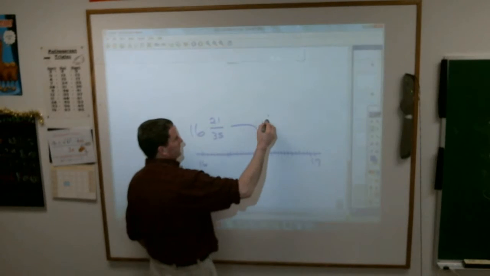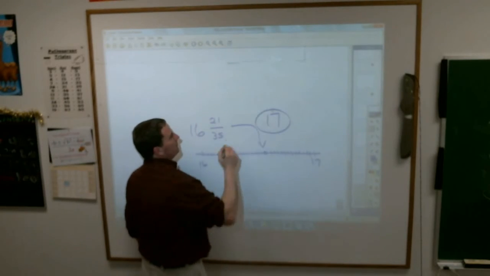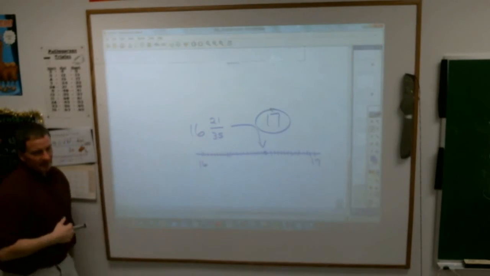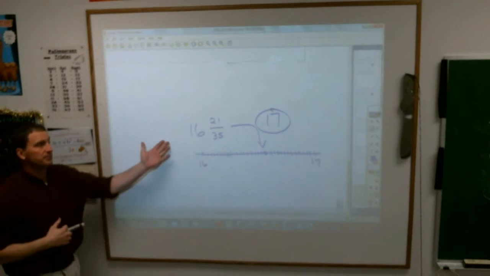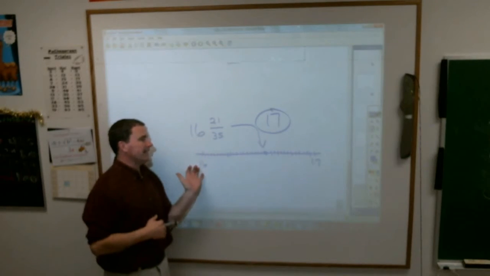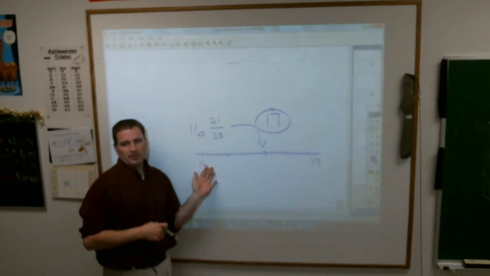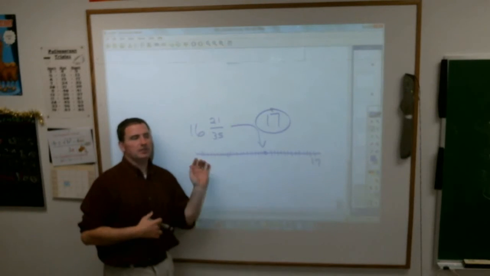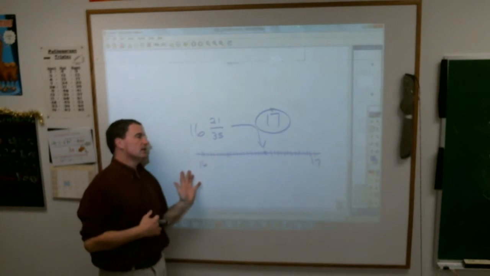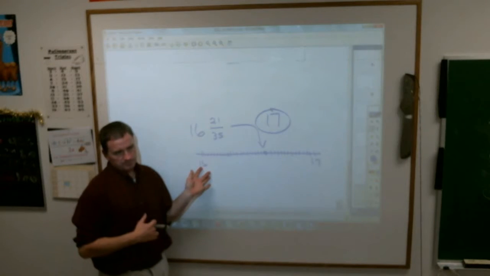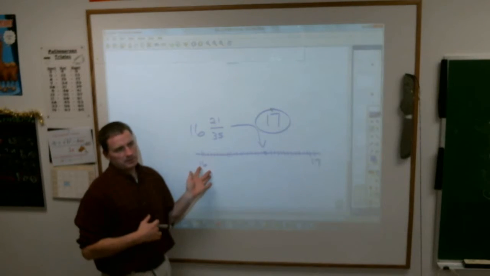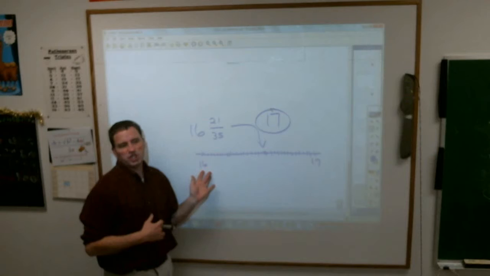I know you know that. But what would be an easier way to tell whether you round up to 17 or keep it at 16, rather than having to draw all the time, which I'm sure you don't mind doing? Brooklyn? Try to find half of the number. Half of which number?